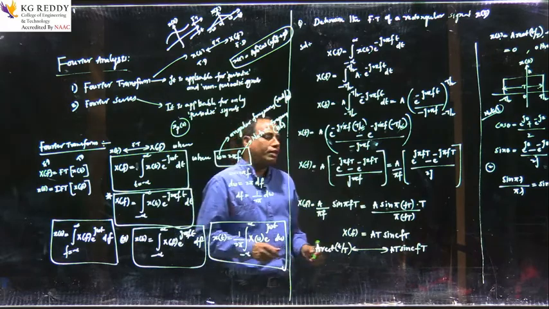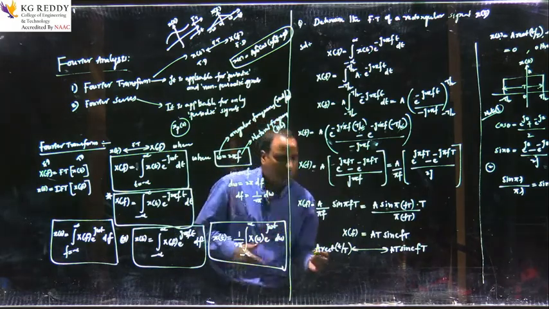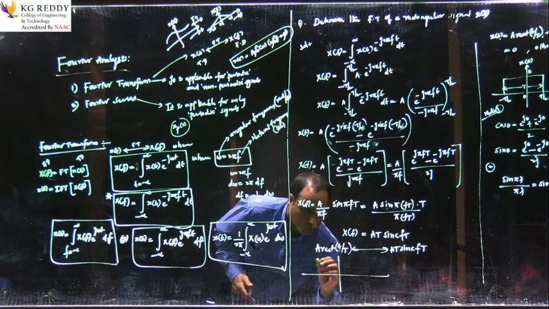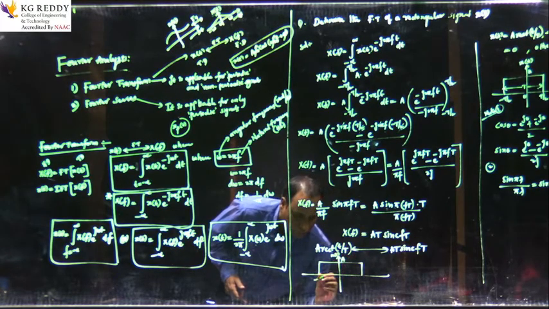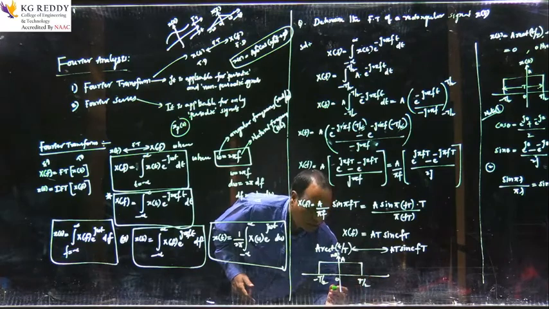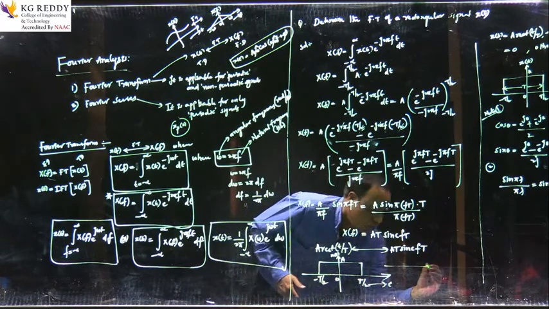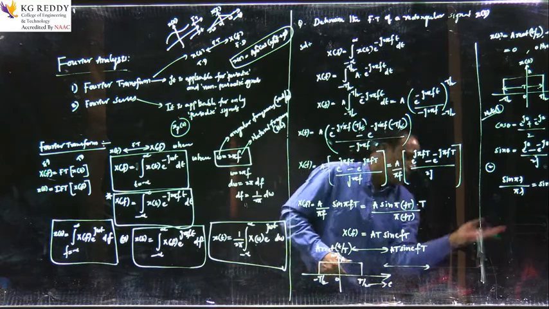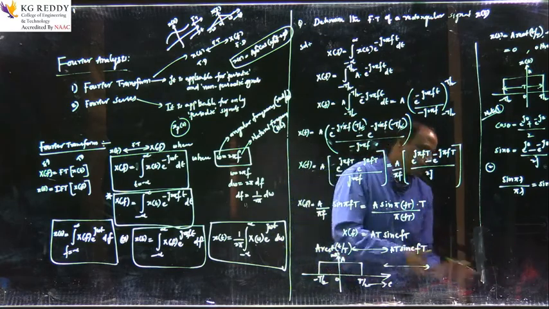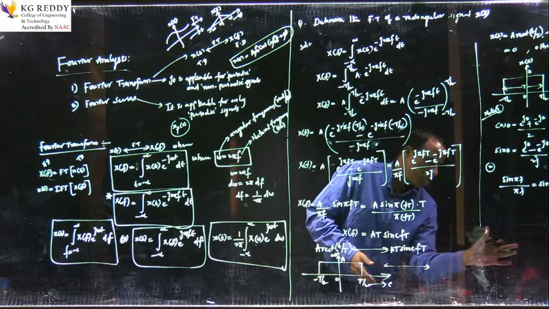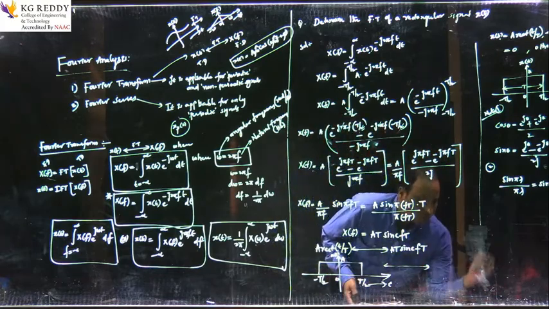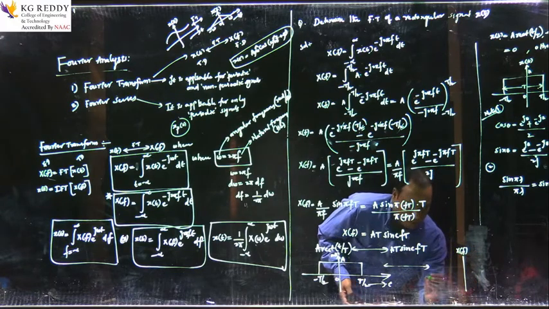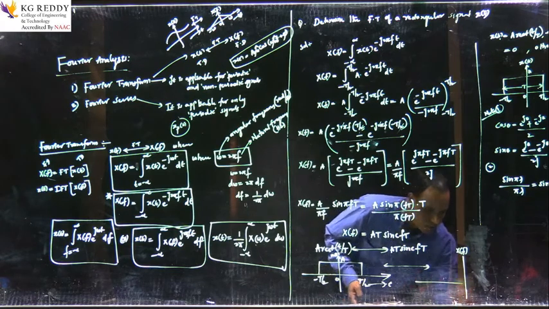If you want to see the graphical representation for this particular signal, this is x of t, amplitude is a, minus T by 2, 0, plus T by 2, and this is t, and the corresponding sinc function for this is x of f, and this is f.